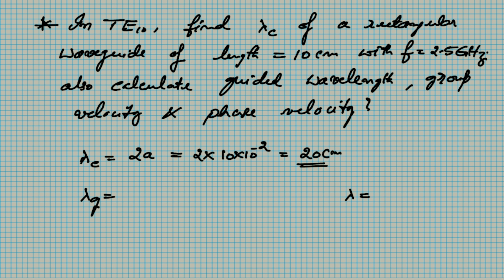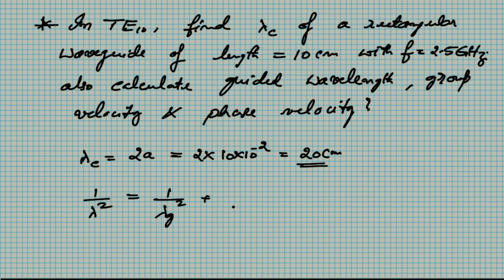Yeah, definitely. Any equation will work. Okay, so that's also fine. Please proceed and tell me the value. What do you get? Which equation do you want to use? I'll write the same equation: 1 by lambda square should be equal to 1 by lambda g square plus 1 by lambda c square, right?